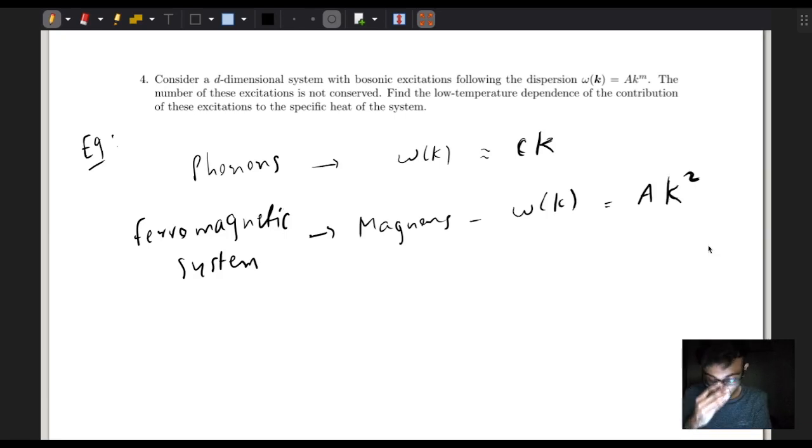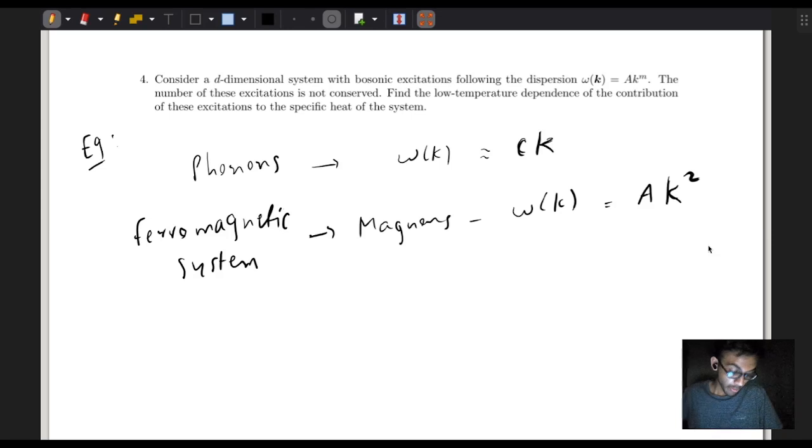So all these different cases are actually physically interesting to describe various phenomena. So it's not simply some mathematical exercise.